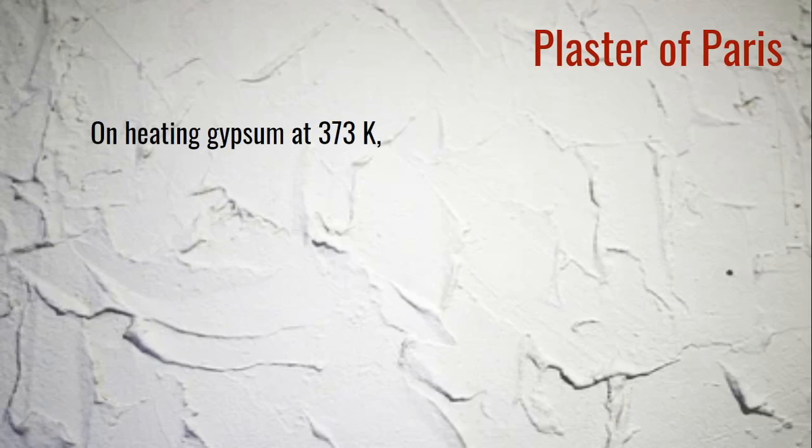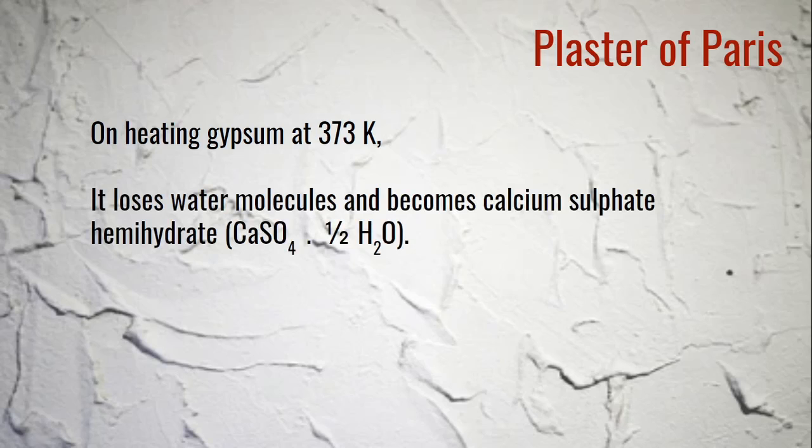On heating gypsum at 373 Kelvin, it loses water molecules and becomes calcium sulfate hemihydrate. It means CaSO4 dot half H2O, and this is called plaster of Paris. We heat the gypsum at 373 Kelvin temperature.